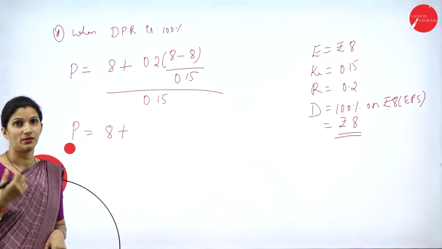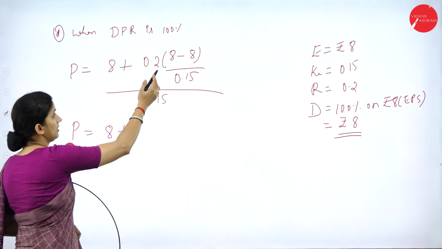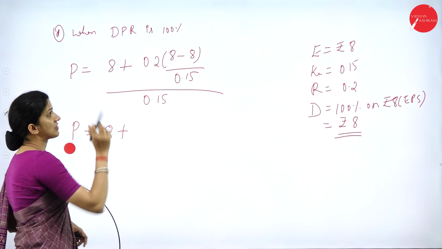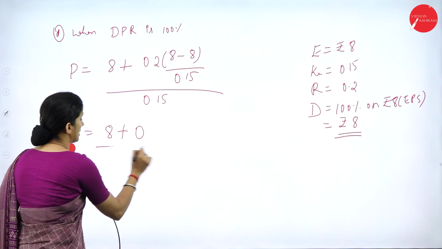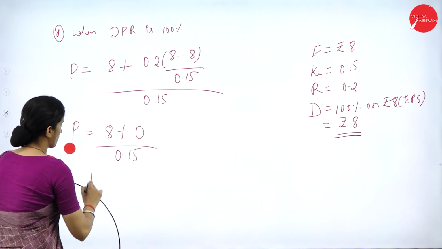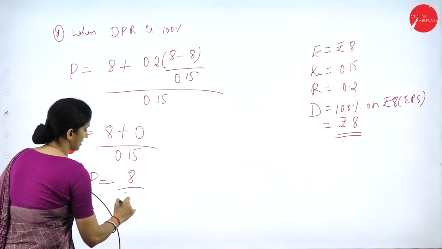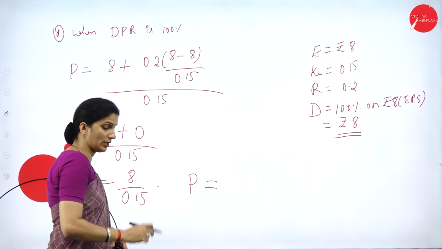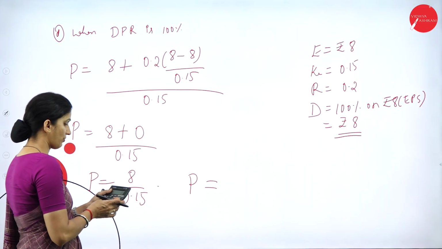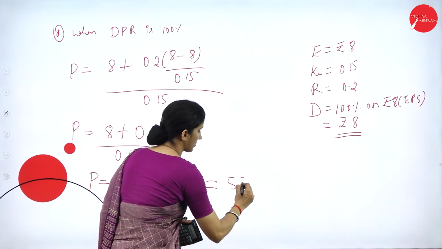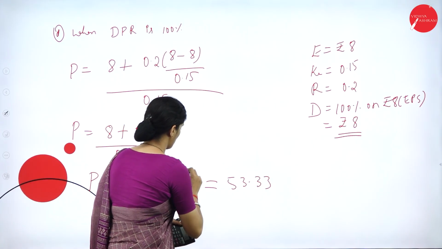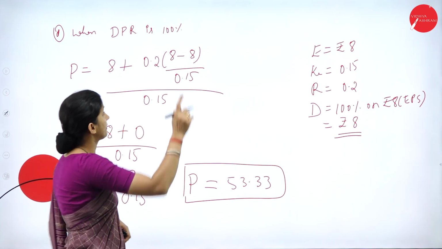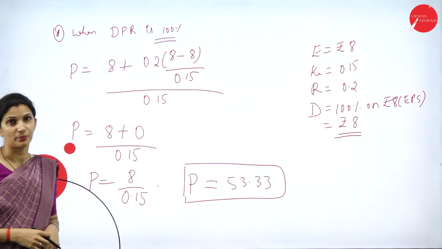Anything divided by 0 is 0 only. So here 8 minus 8 is 0, divided by 0.15, we will get 0, into 0.2 is 0 only. So P is equal to 8 divided by 0.15, which is 53.33. So this is the market price of the share when the dividend payout ratio is 100%.